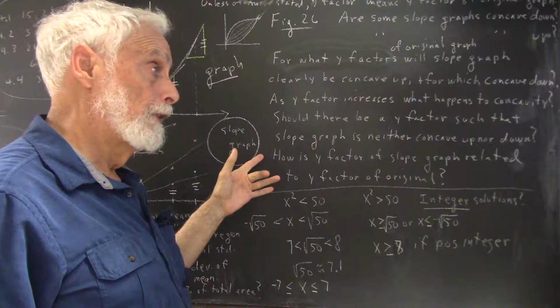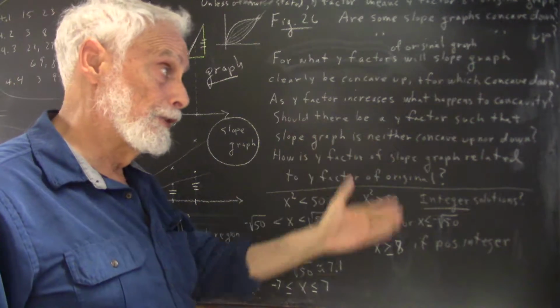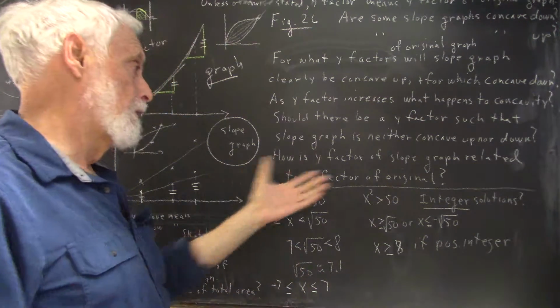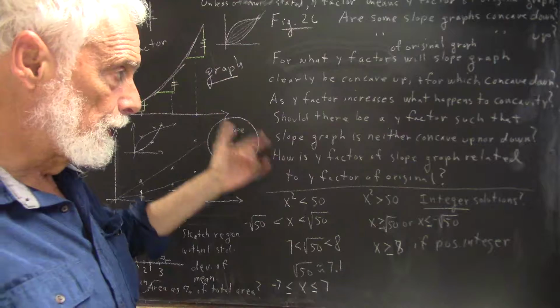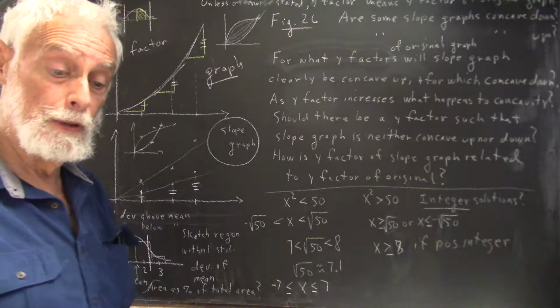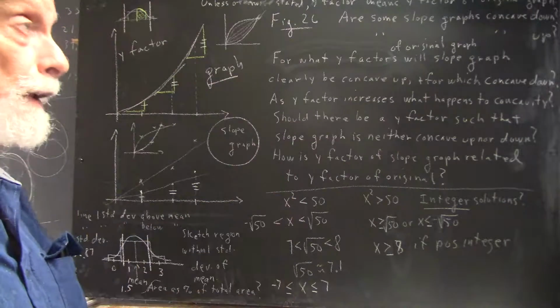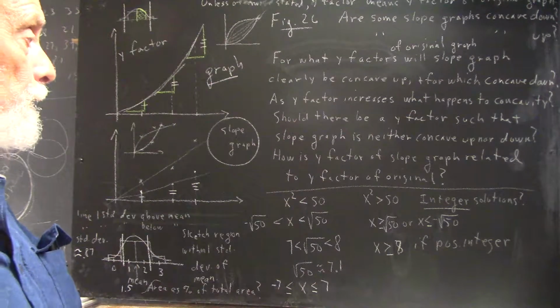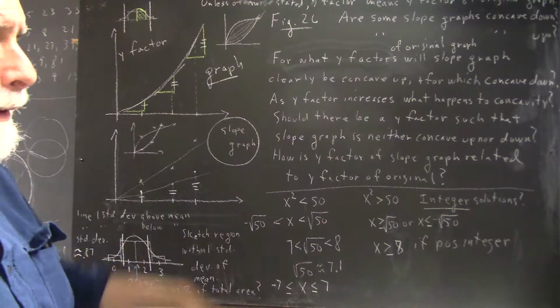If the slope graphs don't have something that would reasonably be interpreted as a consistent y factor, then the question has no meaning. The question assumes that there is a y factor for the slope graph. Doesn't mean there is one. You have to decide. So that's a task given to the entire group. We'll see what the group comes back with.